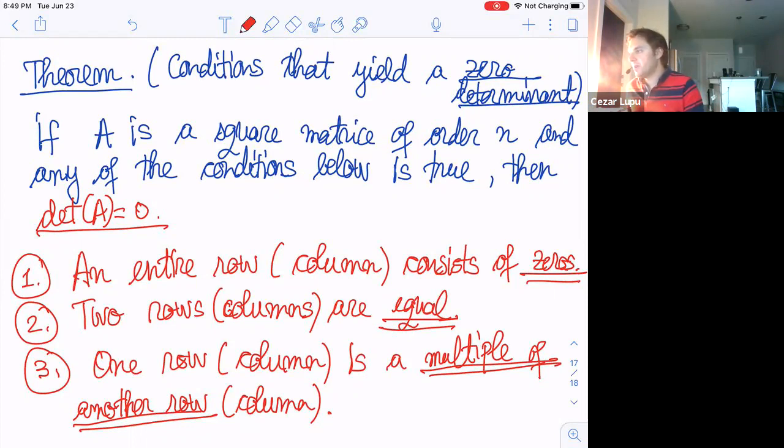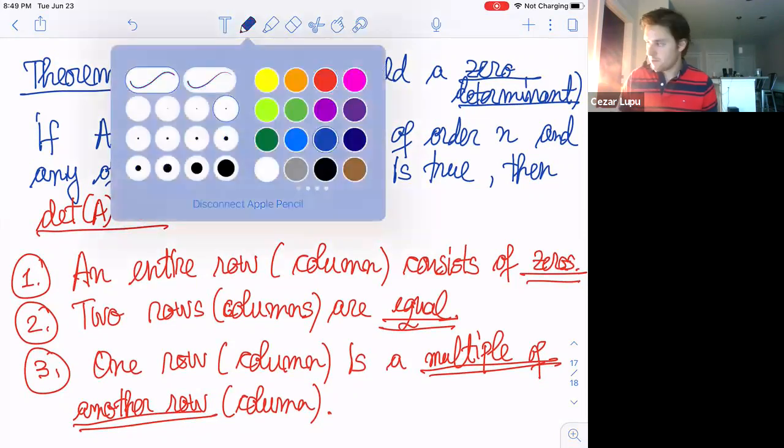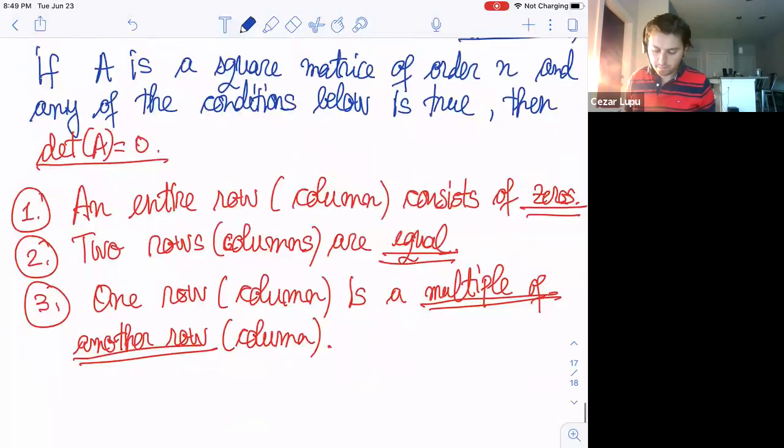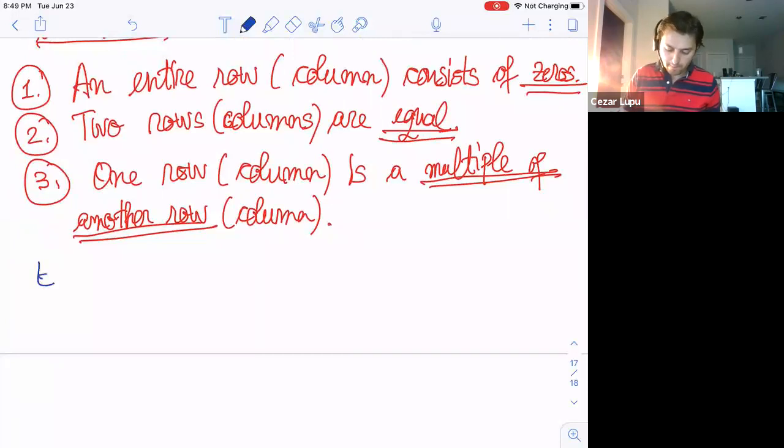For example, let me do some examples. Before I even go and talk more about properties of determinants, let me do a quick example.